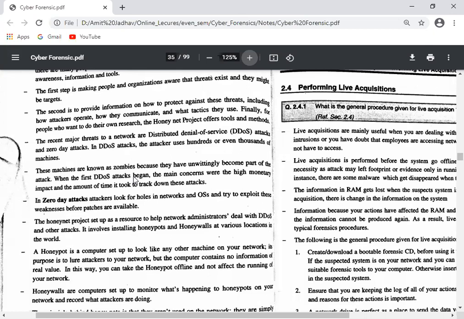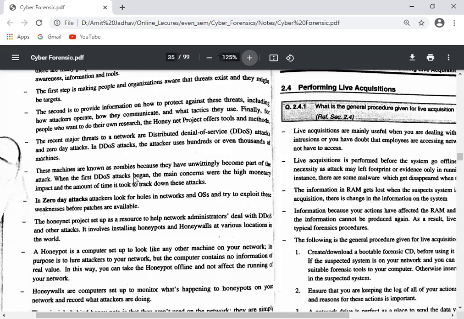The next attack is the zero-day attack. Zero-day attacks look for holes in the network and OS and try to exploit these weaknesses before patches are available. So in zero-day attacks, the attackers find the holes in the network, from where they can enter the network, and before any patches or solutions for such problems are found, the hackers enter our system.